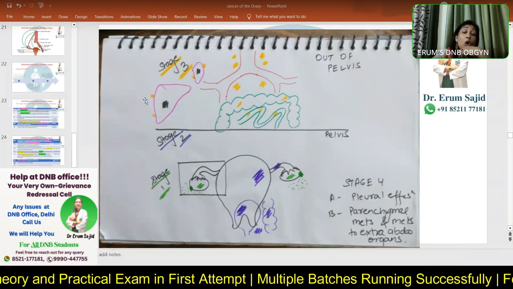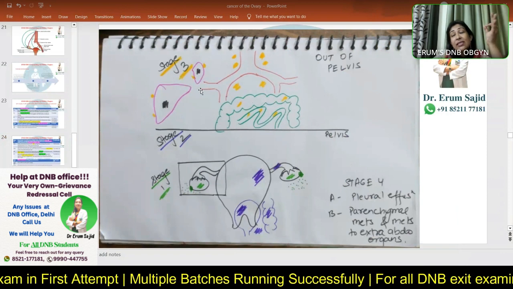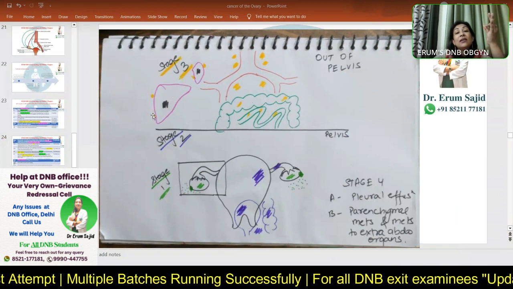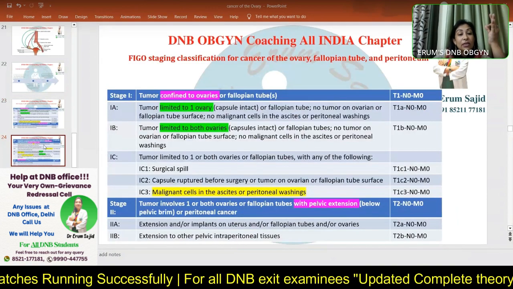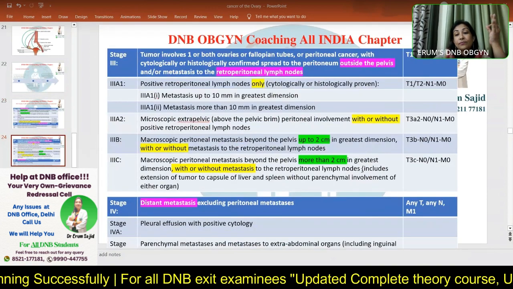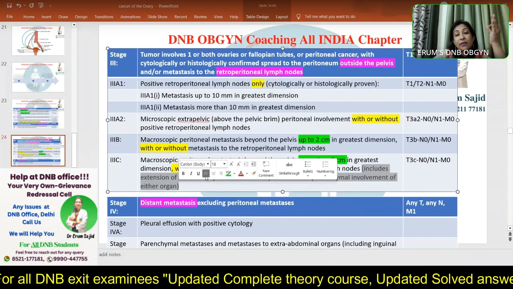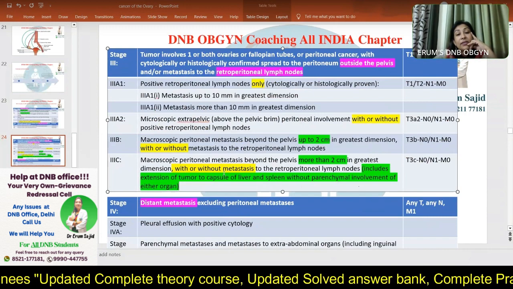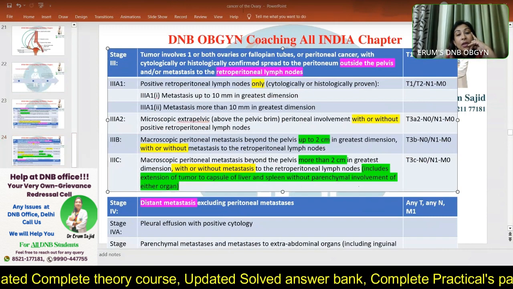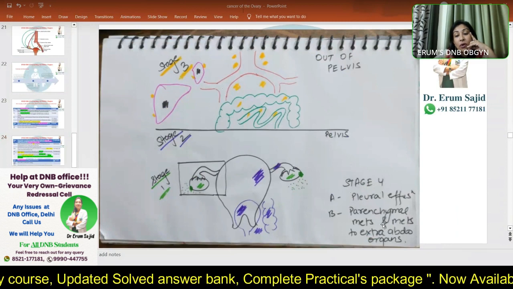So anything on the surface of liver and spleen, on the surface, it has not gone inside, is stage 3C. Capsule of liver and spleen. Okay, capsule of liver and spleen. Correct?